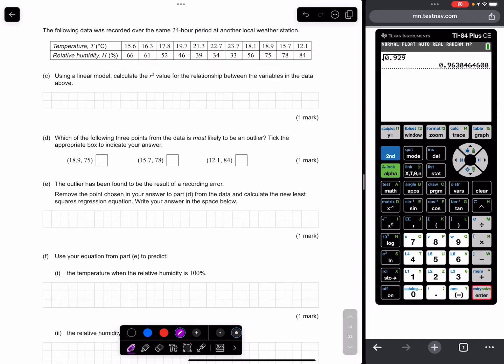Following data was recorded over the same 24-hour period at another weather station. Use a linear model. Okay, I have to chuck this data in.